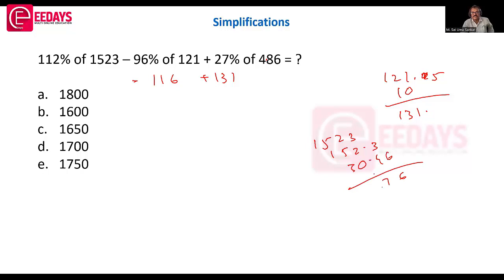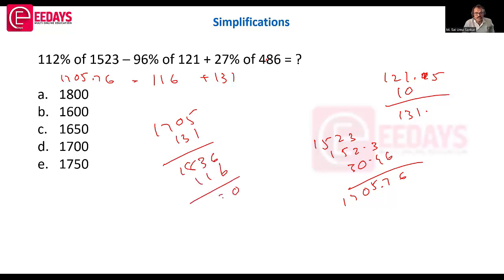So 6 7 5, this is equal to 0 1 7 1, 1705. This one, 1705.76. So 1705 plus 131 is equal to how much? 1836 minus 116. Then what happened? This is 0 2 7 1, 1720. So what is the answer? Approximate value is 1700, which is the required answer.